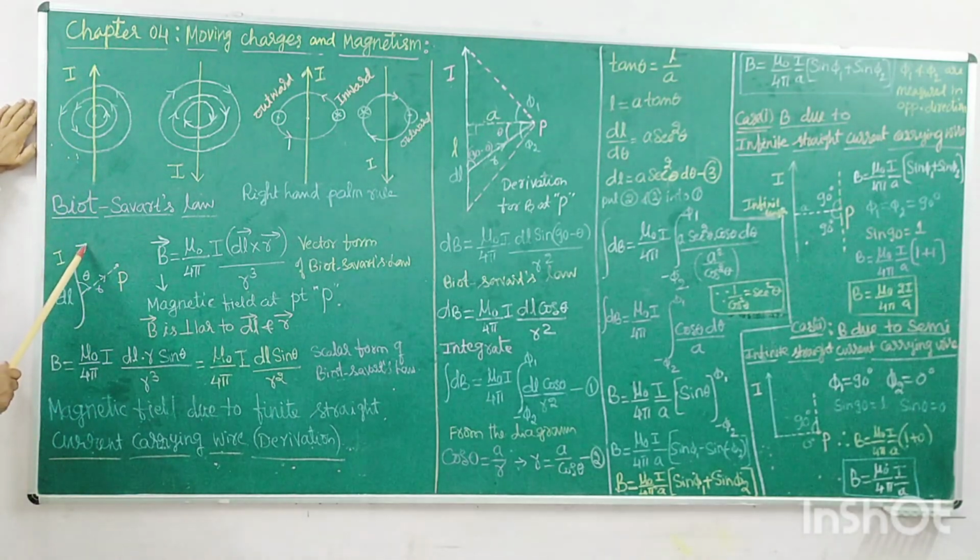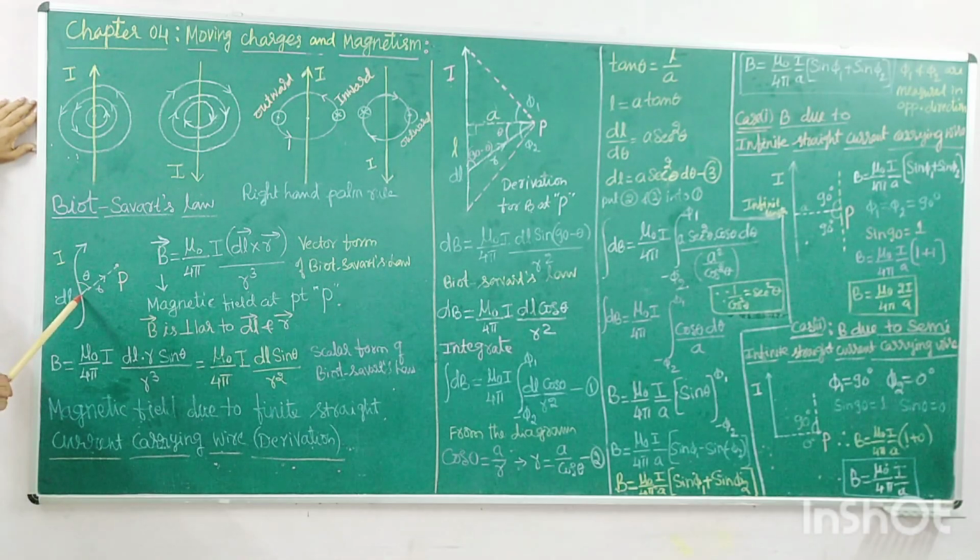Here, a conductor carries current of some finite length L, the current is I, and around it I am taking a point in the space somewhere here, that is point B. We need to estimate the amount of magnetic field at this point. Draw a straight line from here to this point.